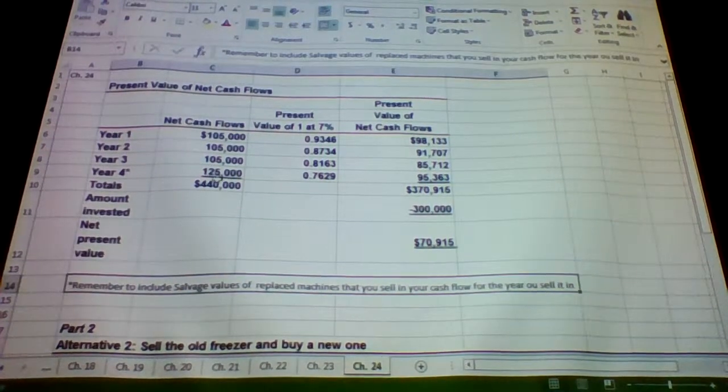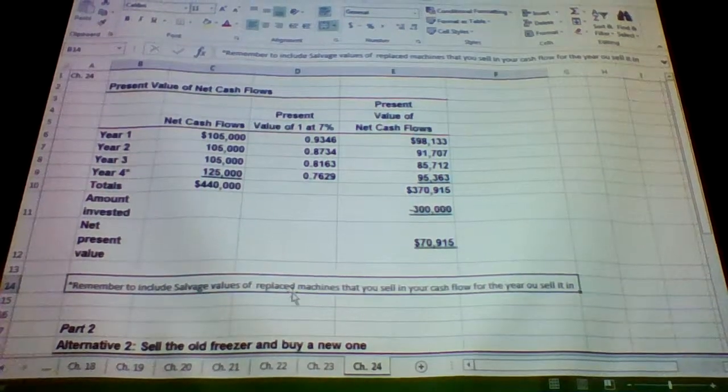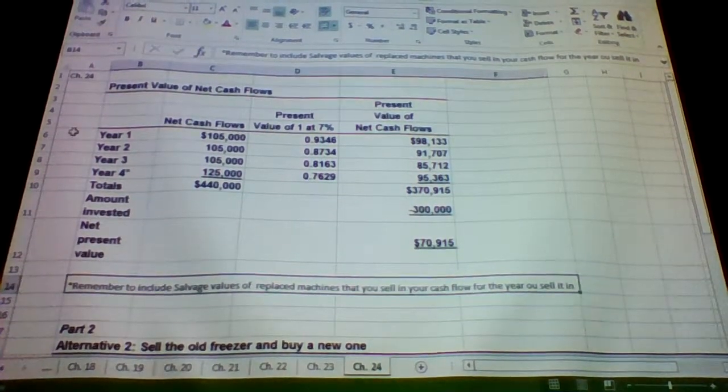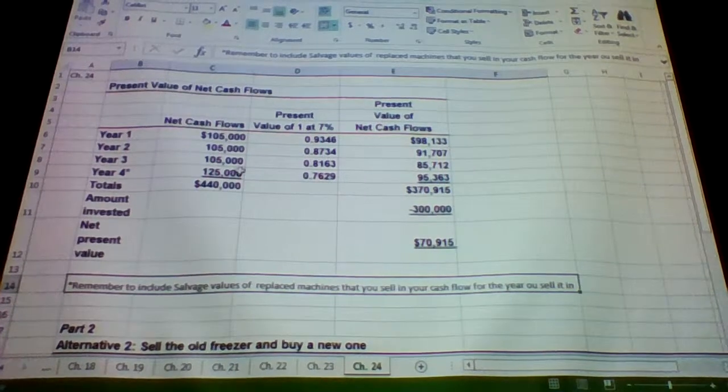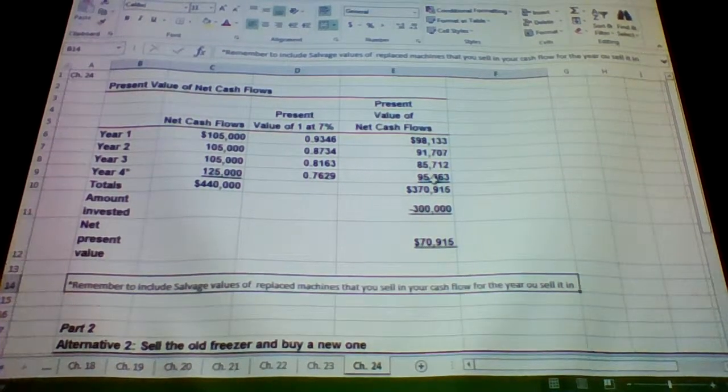But it is an even cash flow because this is actually 24-1C, I believe. I'm not sure. But what it does is it's showing you what your cash flows are, net cash flow, value of 1 at 7%, and for how many years. And then it gives you this.